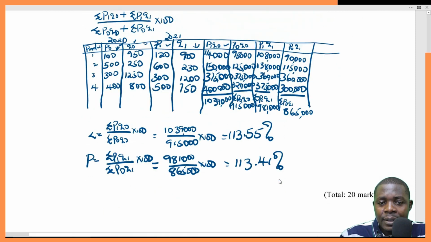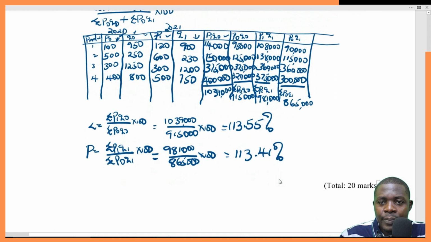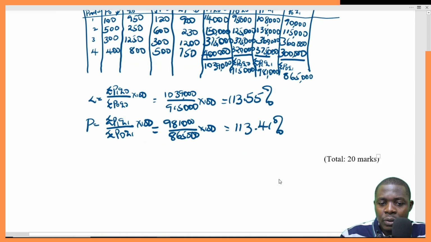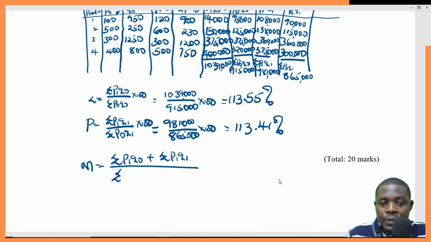Then lastly, that is the Marshall Edgeworth Price Index, let me call it M. For my case, we are going to have the summations of P1 Q0 plus the summations of P1 Q1 over the summations of P0 Q0 plus the summations of P0 Q1, everything we multiply by 100.